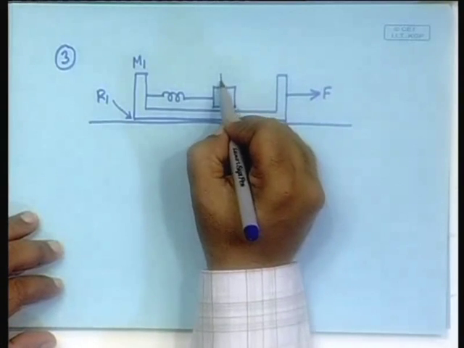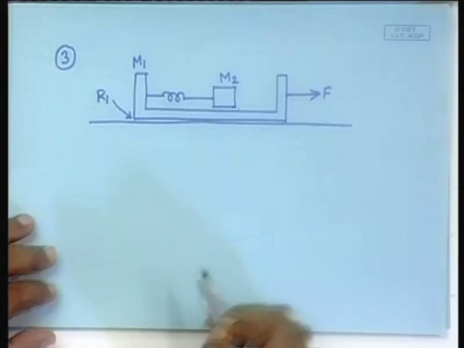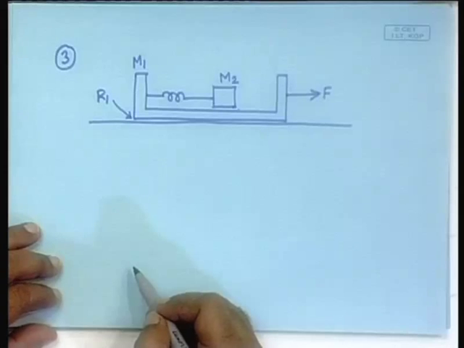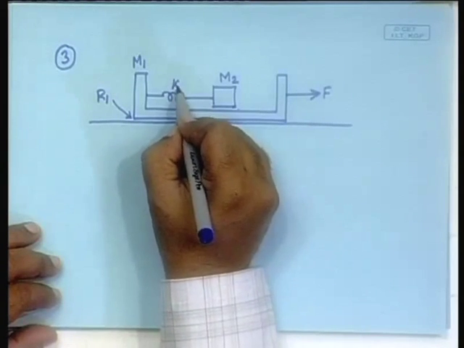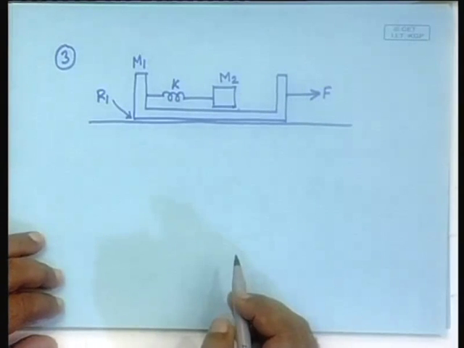So, that is another mass m2. And here is the k spring constant. I suppose that completes the story.